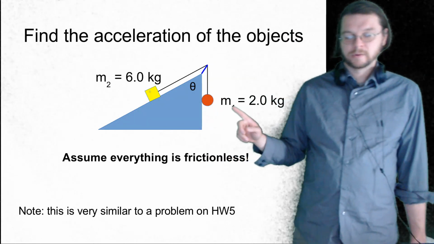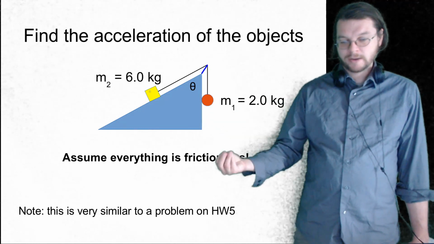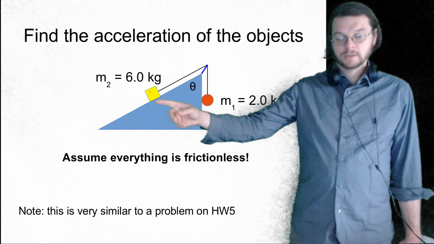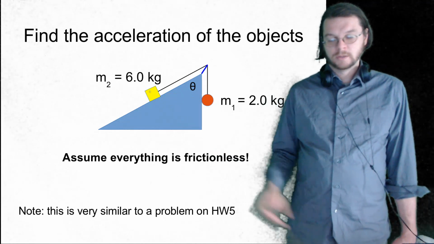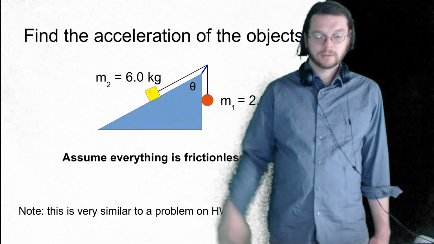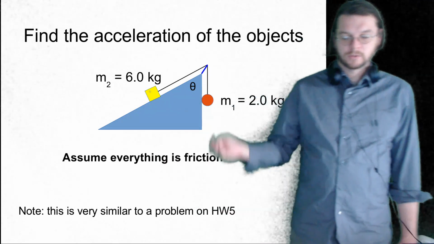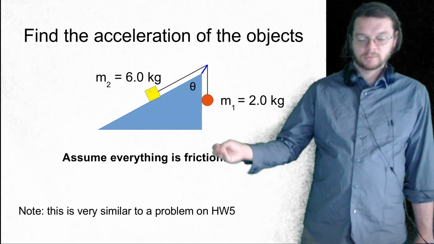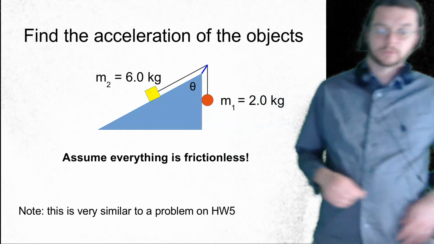However, this less massive object is pulling directly down on the string, while this one is at an angle, so the force down the ramp is not nearly as much as it would be if it were vertical. So maybe there's an argument that this thing should be pulling down, and that's the premise of the homework question: which way is this thing actually going to slide?